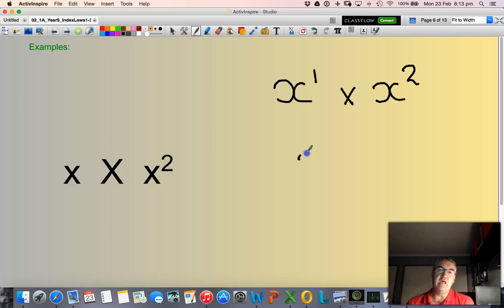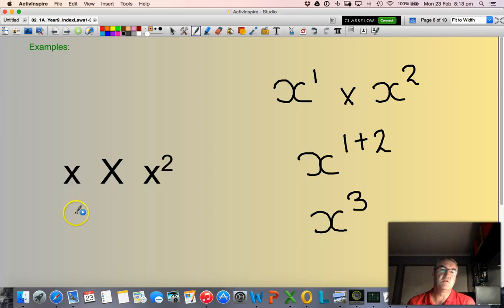That becomes x to the power of 1 plus 2, which becomes x to the power of 3. Just remember, if you see any number by itself, or any base by itself, consider that to be raised to the power of 1.